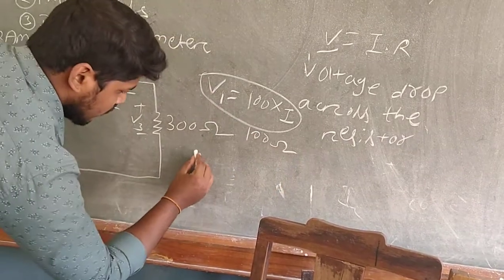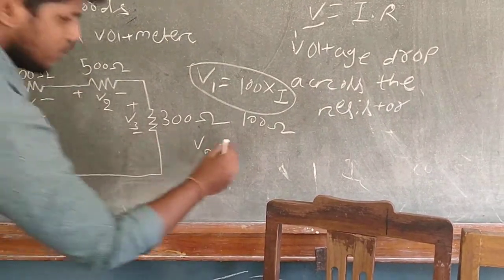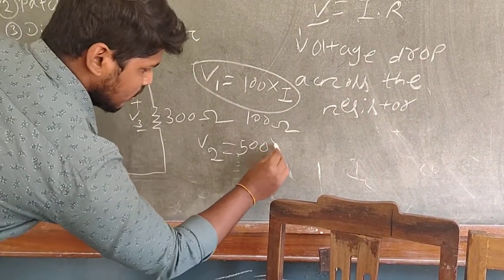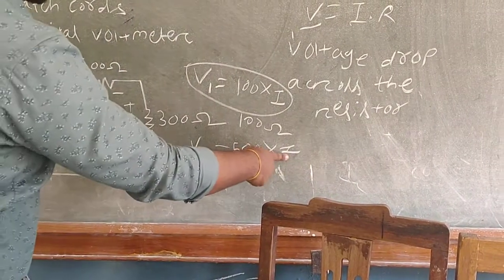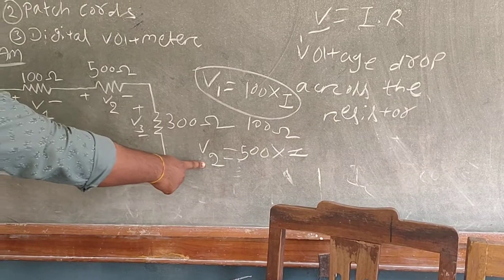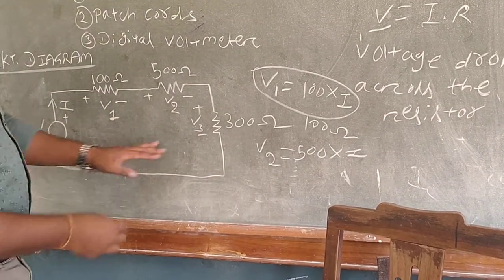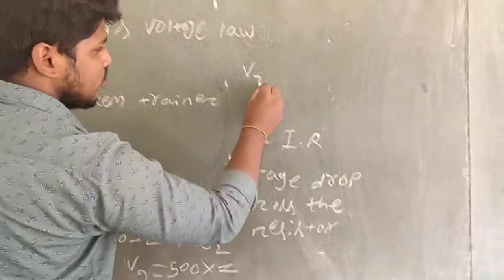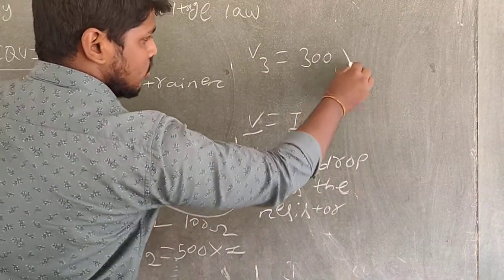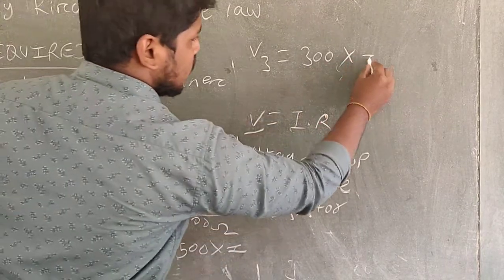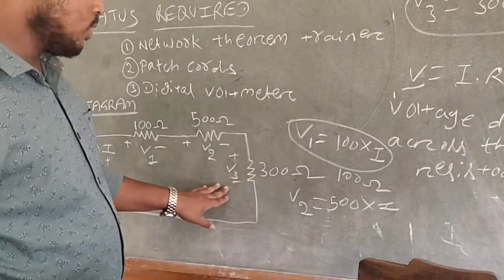Likewise, V2: the resistor value is 500 ohm and current flowing is I ampere, so V2 equals 500 into I. This is the voltage drop across the 500 ohm resistor. And then the next one is 300 ohm, so V3 will be 300 into I. This is the voltage drop across the 300 ohm resistor.